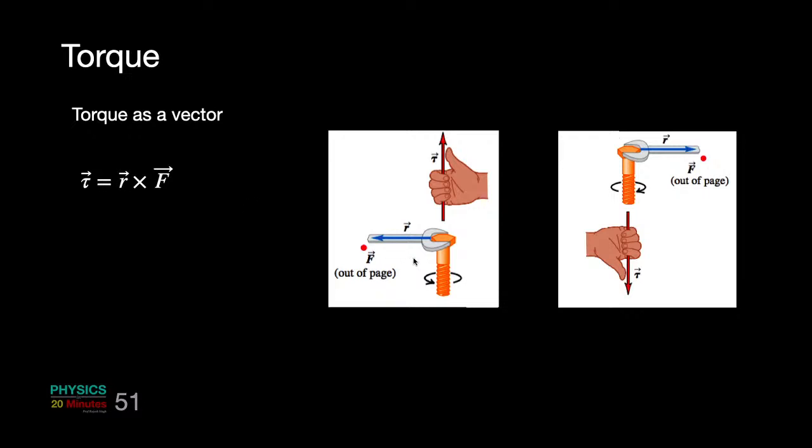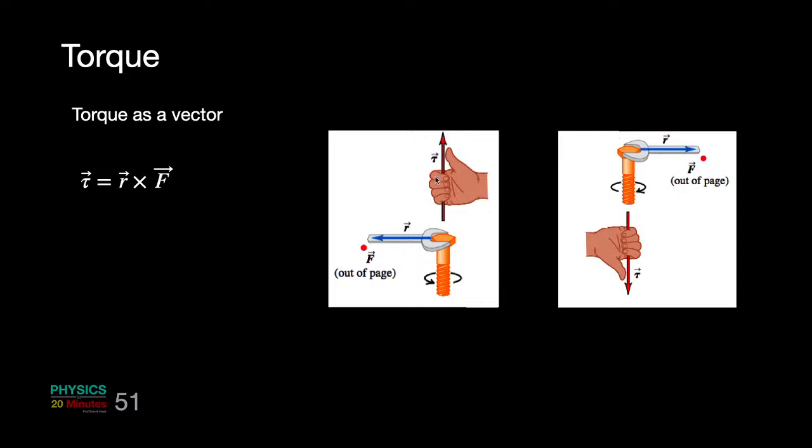So in this diagram, my r vector is this way. This is my wrench. Force is shown by a dot. Whenever I show a vector by a dot, it means it is coming out of the page, so it is towards you as you look at this screen. So you curl the fingers of the right hand from this vector to the F vector.